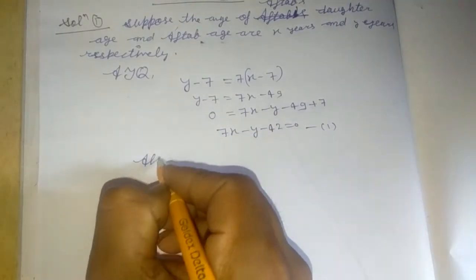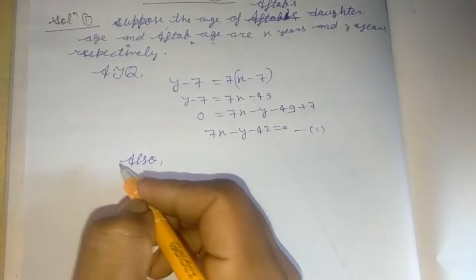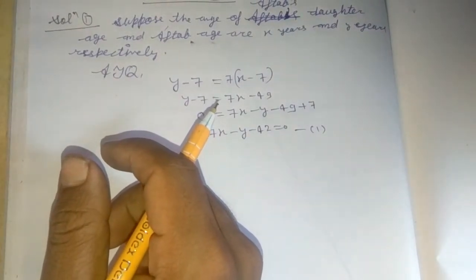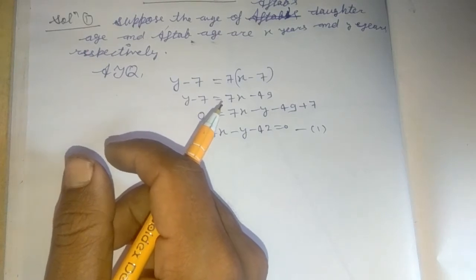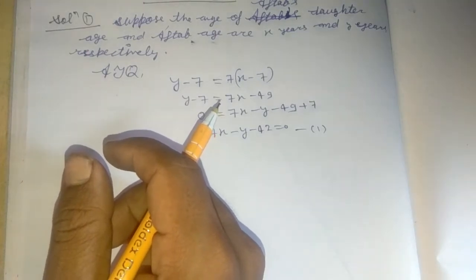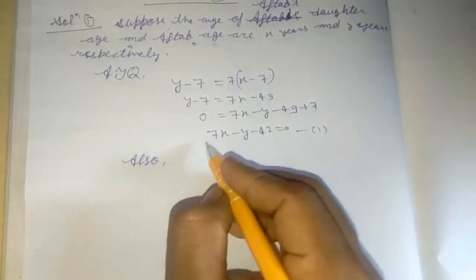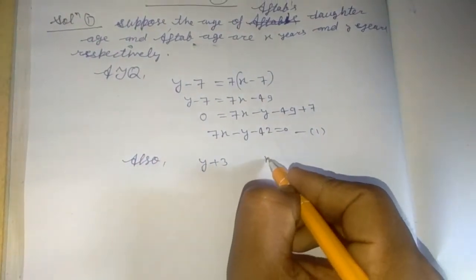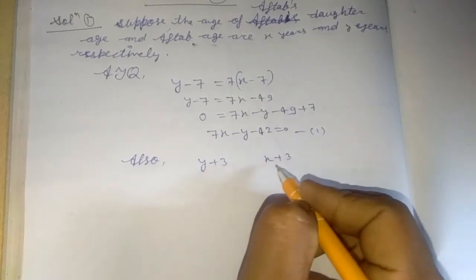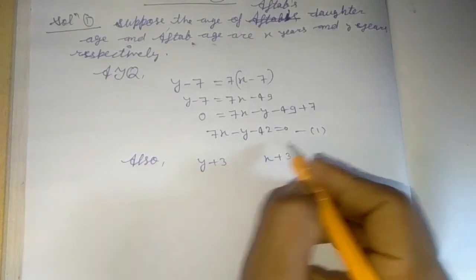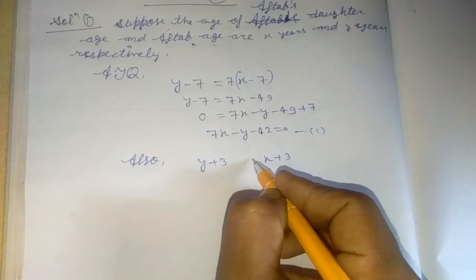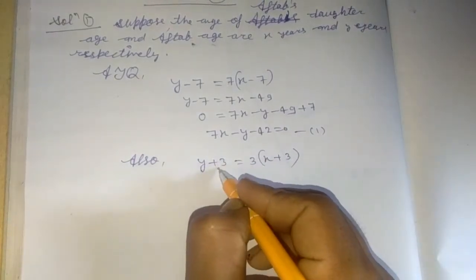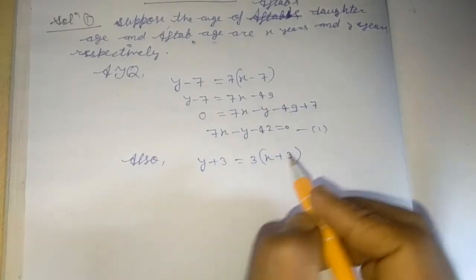In the second situation, Aftab again says 3 years from now, that means after 3 years, I shall be 3 times as old as you will be. So we add 3 years to Aftab's age and 3 years to Aftab's daughter's age. When we multiply 3 to x plus 3, this expression and this expression will be equal.